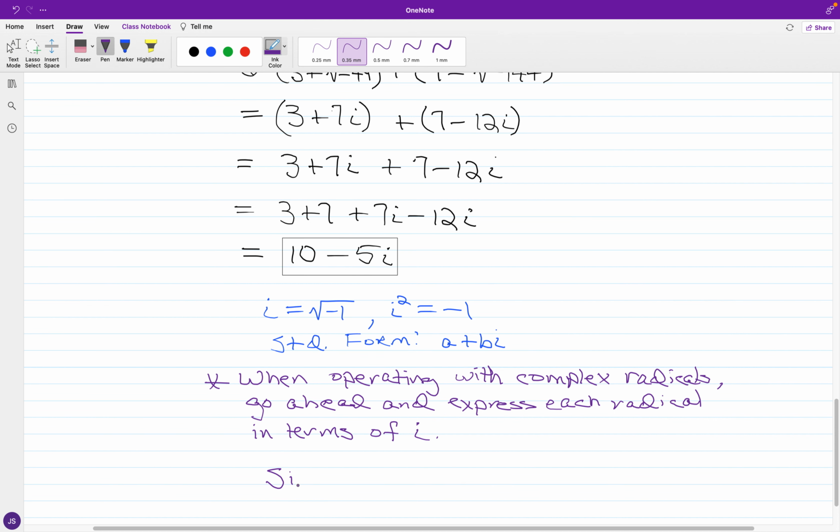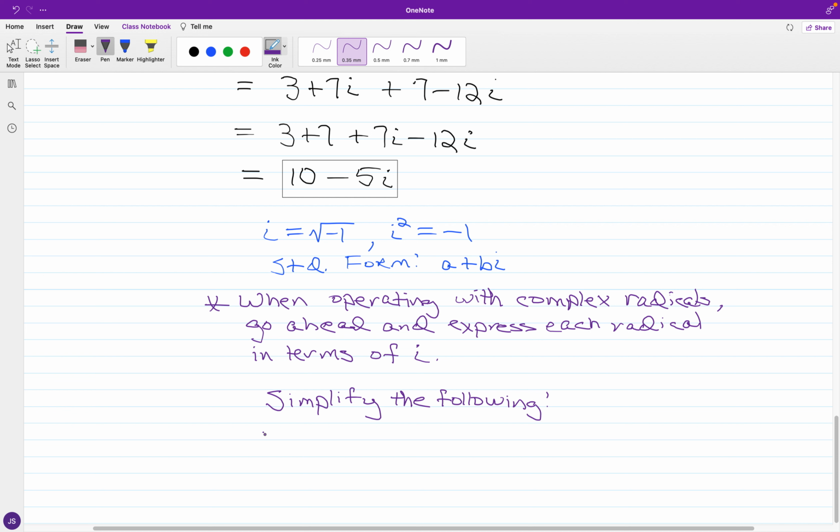Say I'm looking at simplifying the following, multiplying the square root of -9 and the square root of -4.